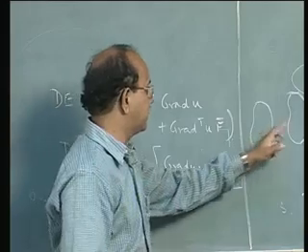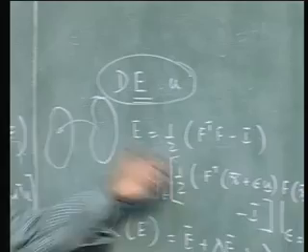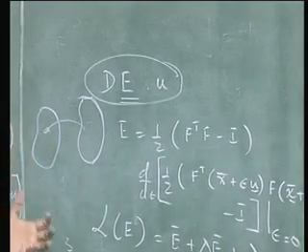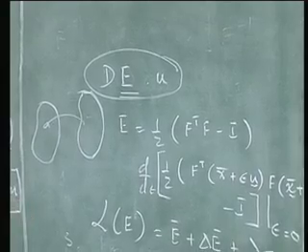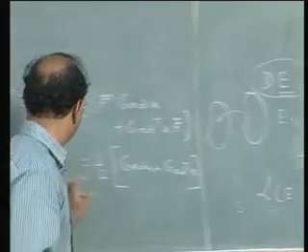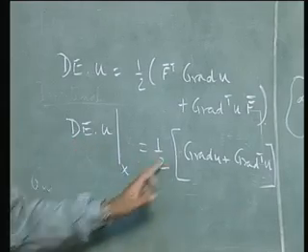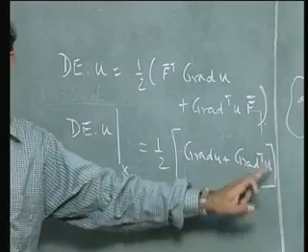That means that F bar calculated at the reference configuration itself means there is no deformation or no change, so it is I. So when you substitute that, you will see that the linearized part of E is equal to half of grad u plus grad transpose of u.